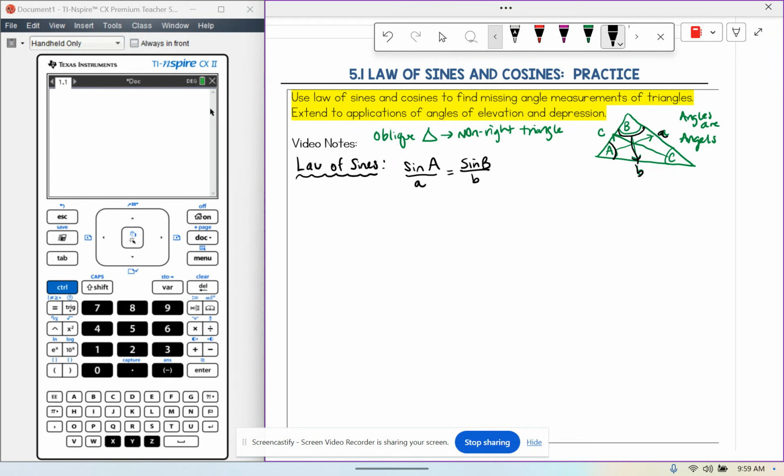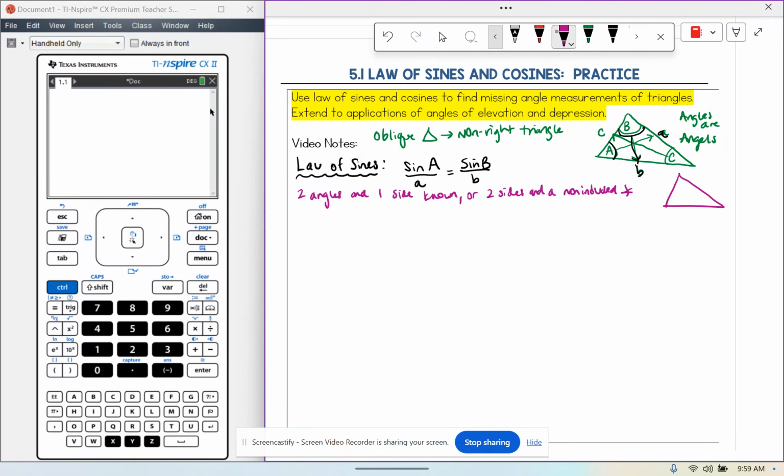When is this useful for us? This is useful when we have two angles and one side that are known, or two sides and a non-included angle. What do I mean by included or non-included?